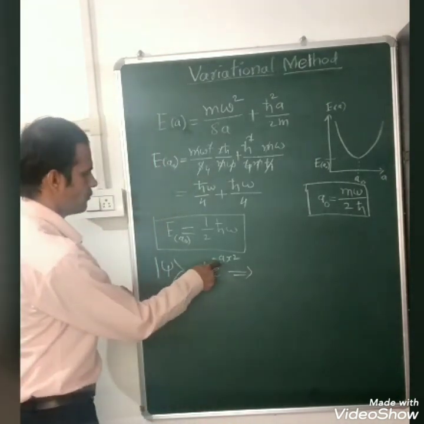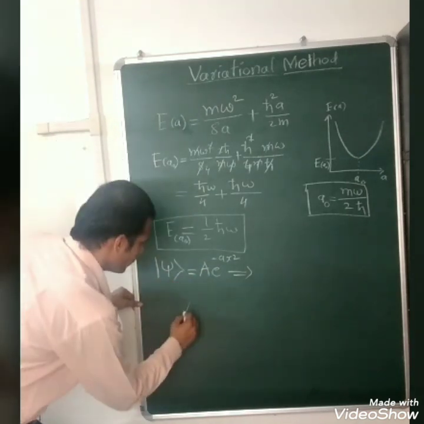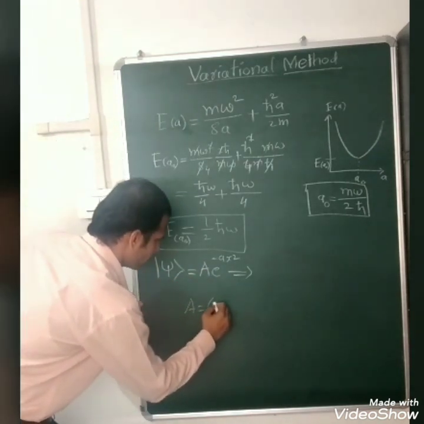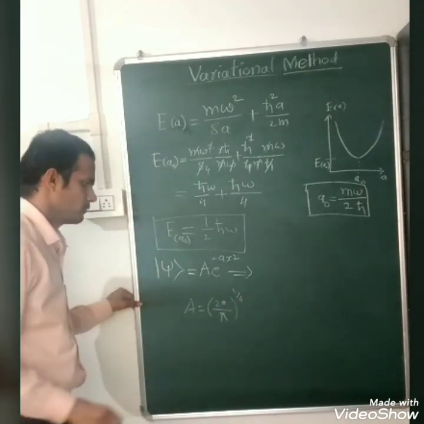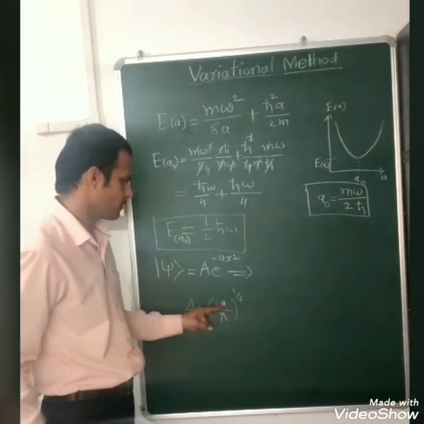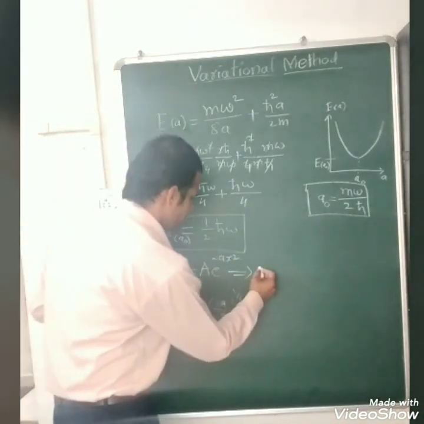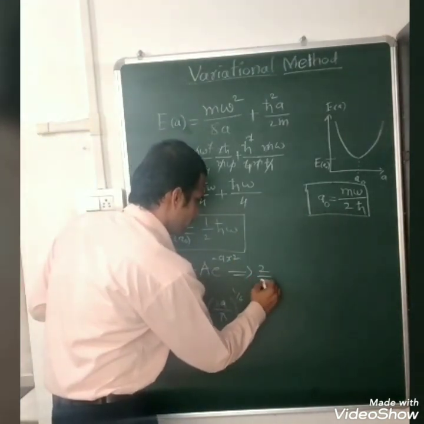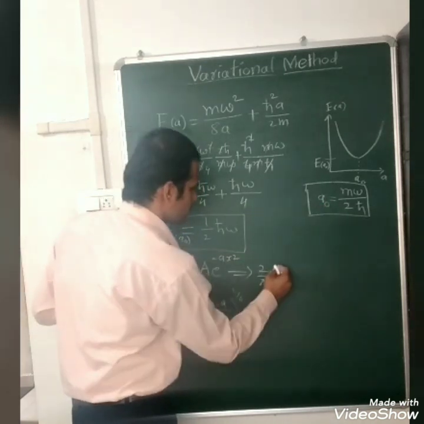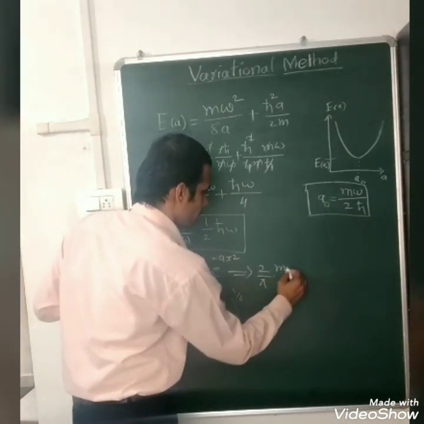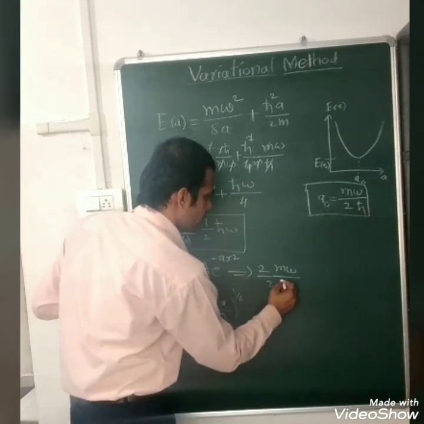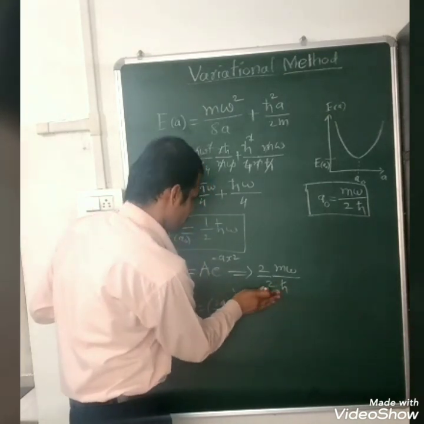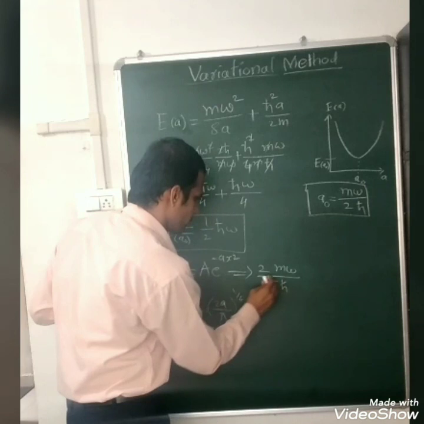The normalization constant is 2a by pi raised to 1 by 4, and the value of small a is m omega by 2 h cross.